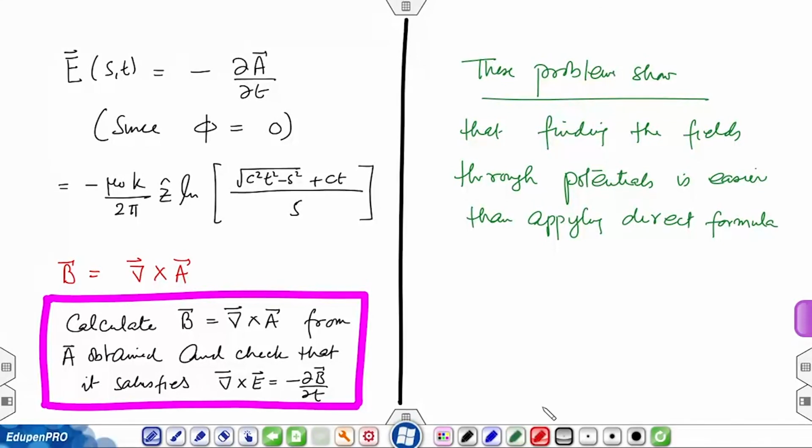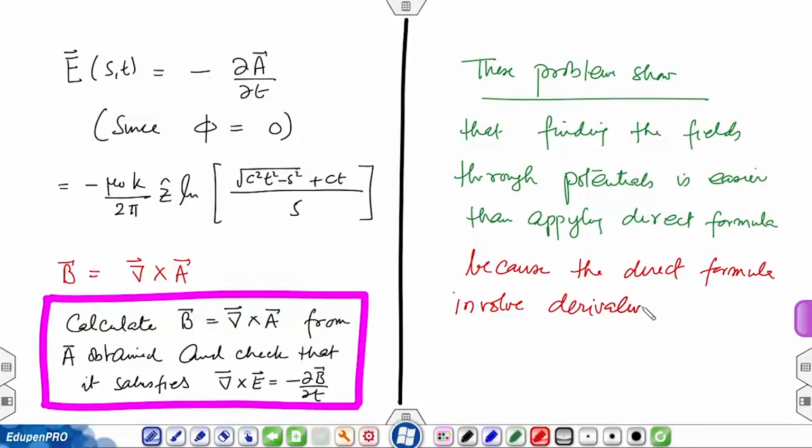Why? Because the formula for fields directly involves derivatives of the current density and charge density. This can be done, but it is a little more difficult.